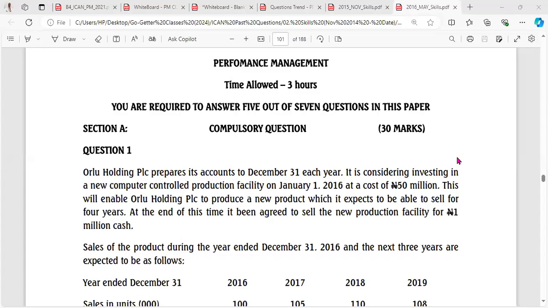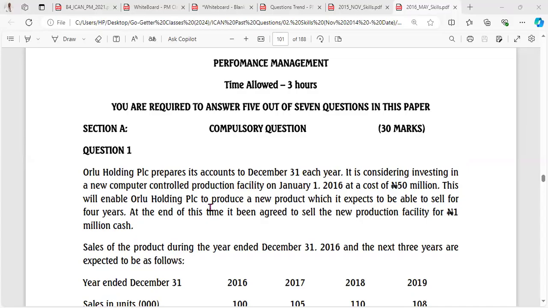And now we're looking at May 2016, question number one. Now, this is an ICAN past question and it's a 30-mark question. Now, let's look at it. Olu Holding PLC prepares its accounts to 31st December each year.